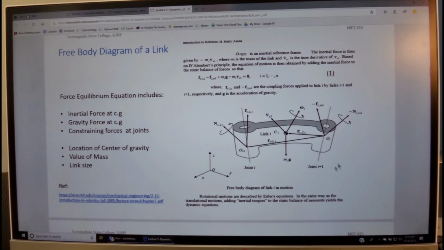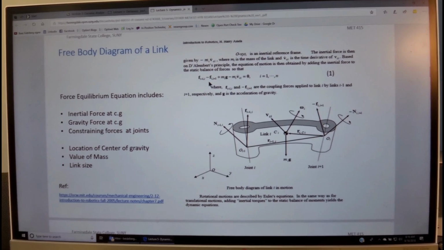Let's take a look at the equilibrium equations. The first equilibrium equation says that the summation of all forces acting on this link is equal to 0. So let's see what these forces are. First we have F i minus 1 on i. This is the force that the previous link is acting on this link, minus the force that the next link is acting on this link.